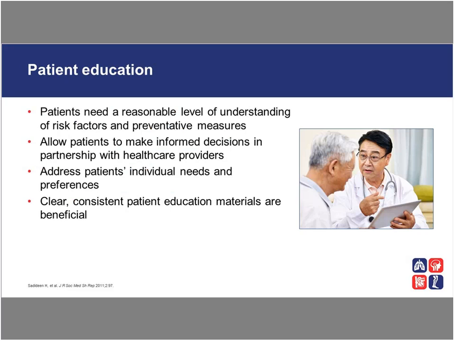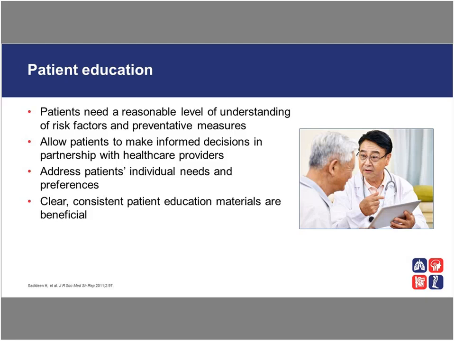And here we engage our patients on the various risk factors and preventative measures all the time. We make informed decisions in partnership with their other healthcare providers. We aim to address patients' individual needs and preferences, and use a lot of patient education materials that you can also find through any society, especially Thrombosis Canada online.